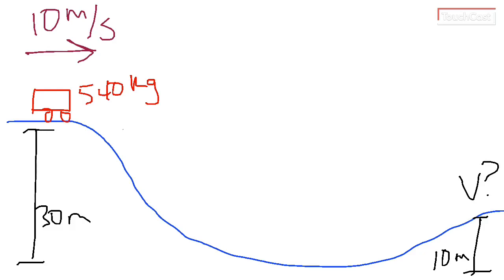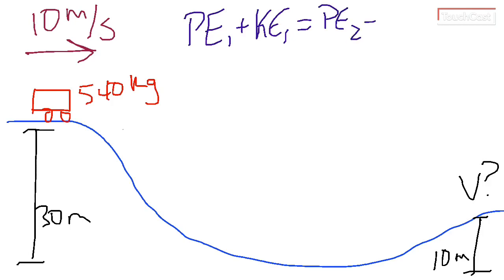Now, just to get this question started for you, since we're assuming no loss of energy, and again, that would be the way I could make this even harder, would also be to include loss of energy, but we'll combine that maybe in class, the actual equation you have is potential energy 1 plus kinetic energy 1 equals potential energy 2 plus kinetic energy 2.